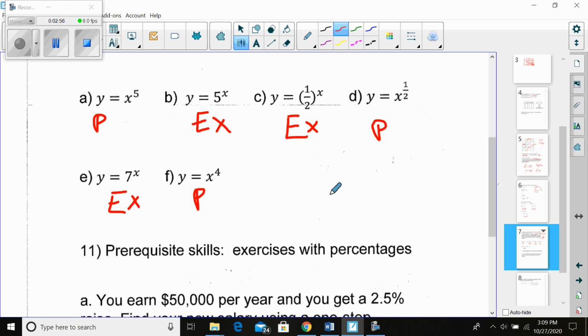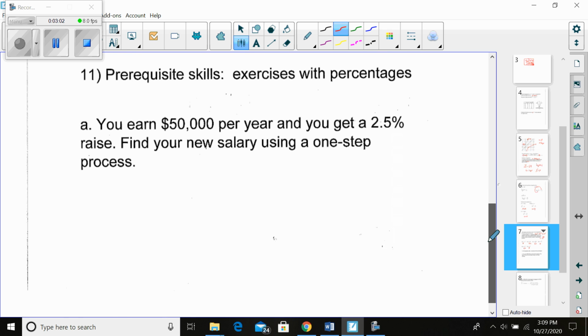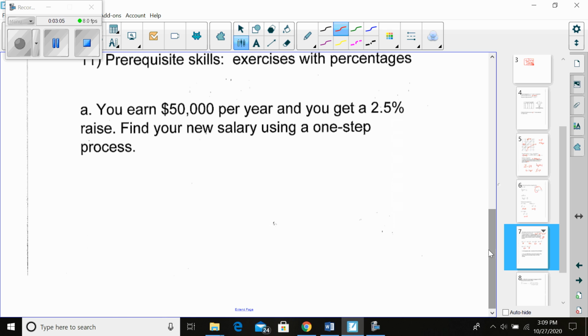And then on to some prerequisite skills for the next section. Some exercises with percentages. You're asked, you earn $50,000 a year and you get a 2.5% raise. Find your new salary using a one-step process. I bet all of you can easily do this, but you would use a two-step process.